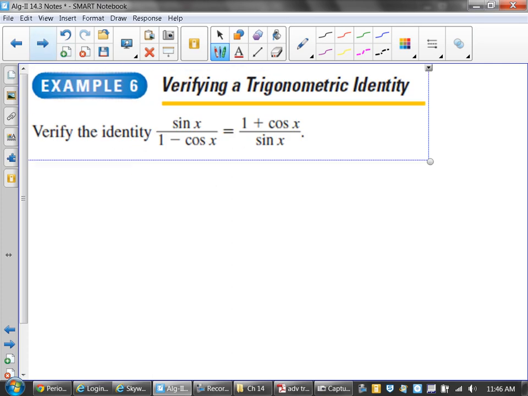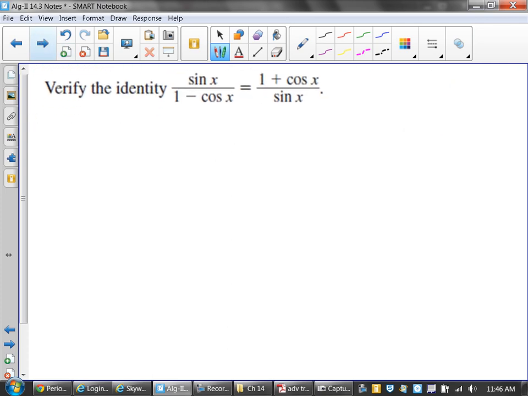Try this one. Well, let me give you a hint on this one. What would you have to do with that denominator? When I multiply it by 1 plus the square root of 3, what is that called?